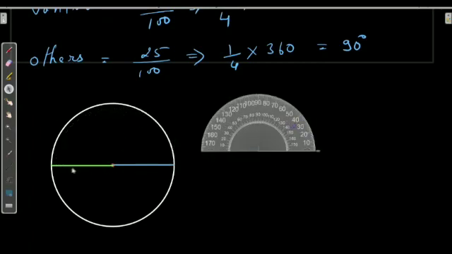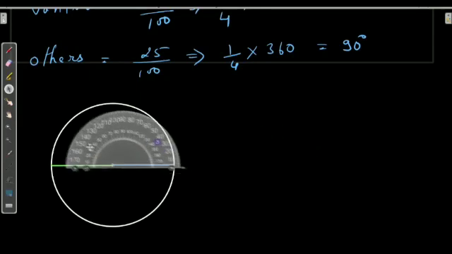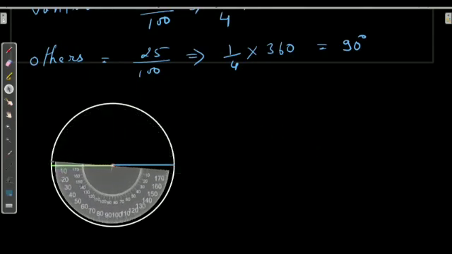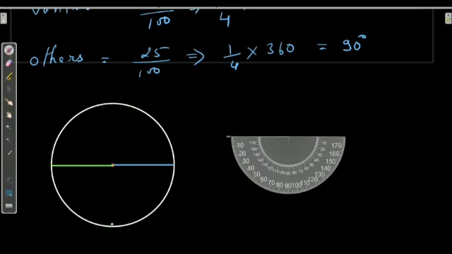Now take this as a reference line and draw 90 degrees, because for vanilla flavor it is 90 degrees. Again take the protractor, keep this as the reference line and mark 90 degrees. So draw a straight line at 90 degrees.